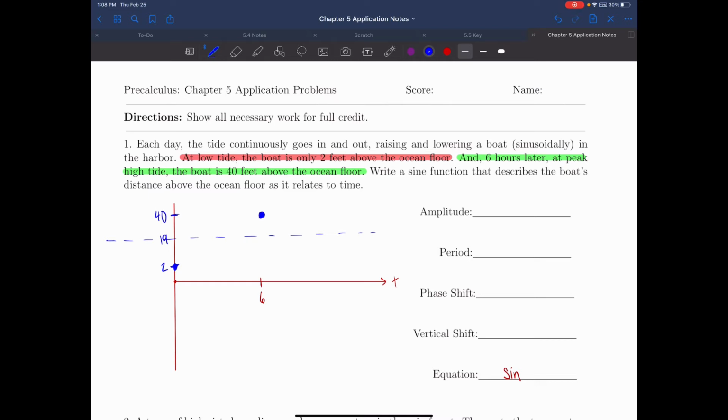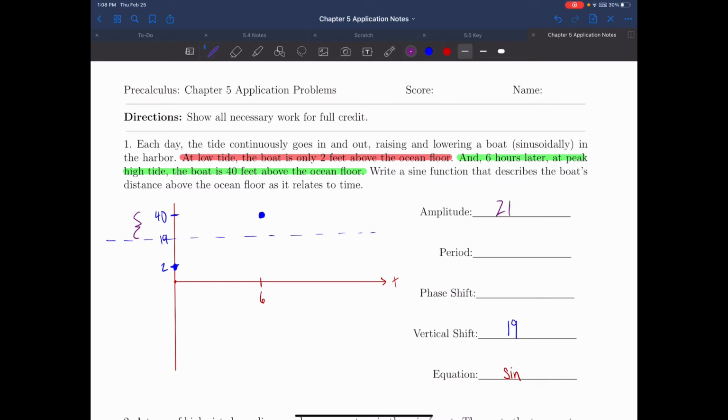And that means the midline, the vertical shift, is 19. So I have something finally. The amplitude is the distance between the midline and the high and the low point. So 40 minus 19 is 21. So 21 is our amplitude.